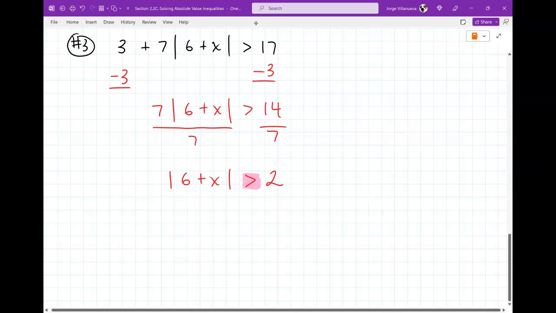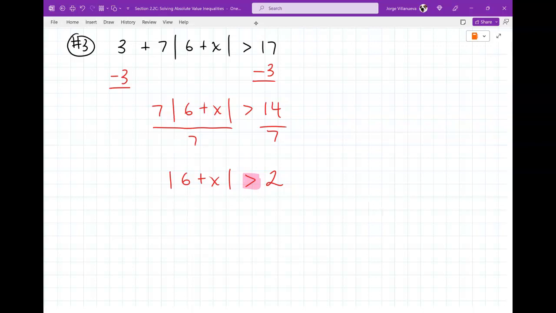That's true. But if this would have been a -7 right there, instead of a +7, I would have divided both sides by -7. It would have flipped the symbol, and it would have become an and. Right? So it just depends the way it looks. So you got to work through it first before you make that call. Get your absolute value all by itself, and then figure out whether it's an and or an or.